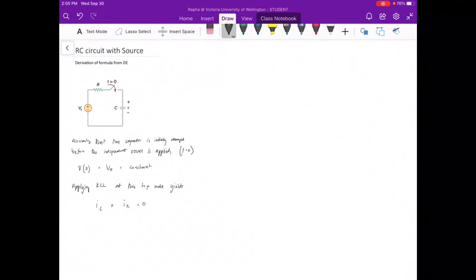So by nodal analysis and definition of capacitor voltage, we can substitute I sub C to be C times the derivative of voltage with respect to time, plus our I sub R in this case, which is V minus Vs all over R, and we equate that to 0.